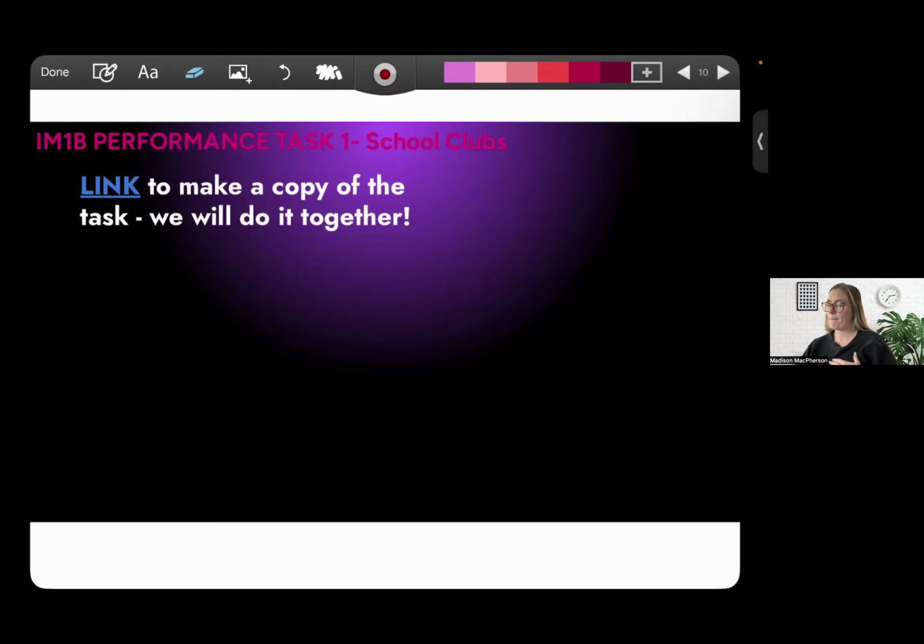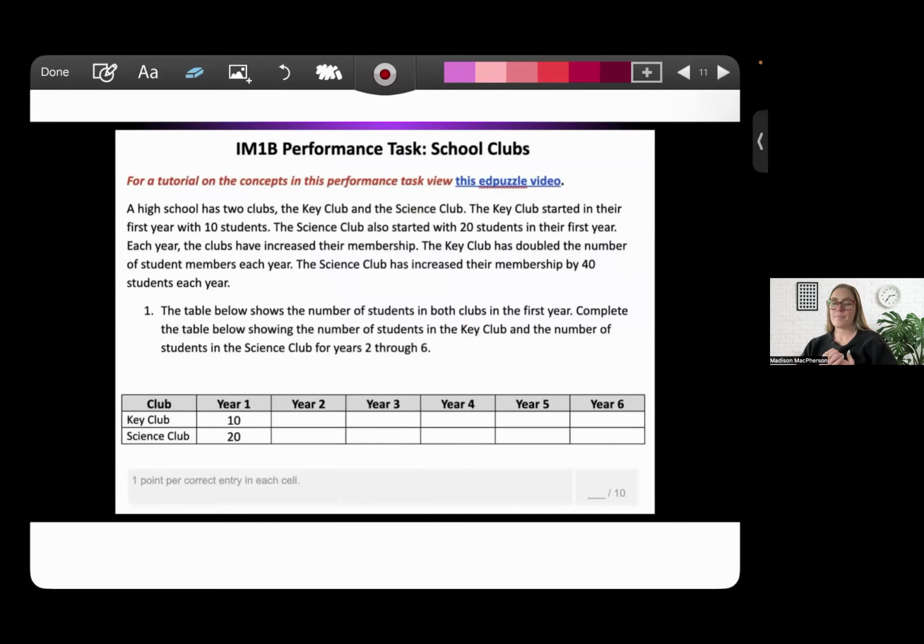So go ahead and click that link and make that copy. I'm going to do a little bit on here, and then when we get to the graph part, I will switch over and show you guys how to do that on the computer so that you know how to complete your graph. All right.